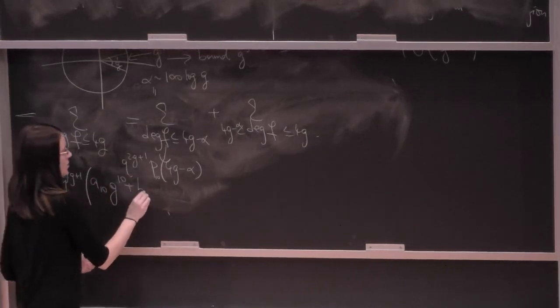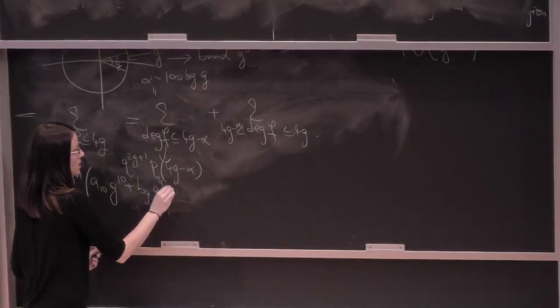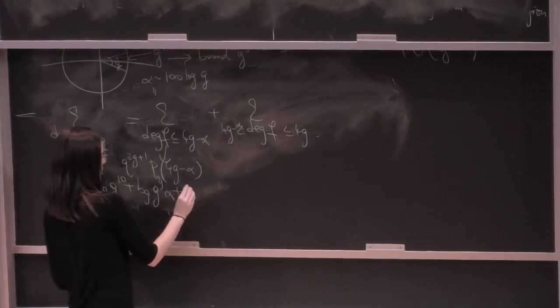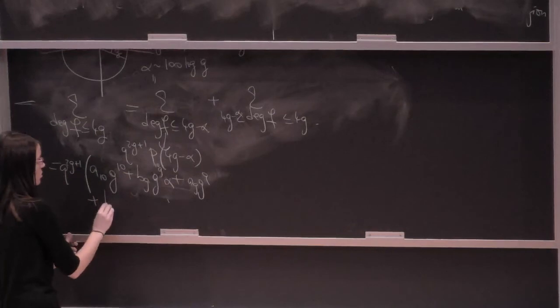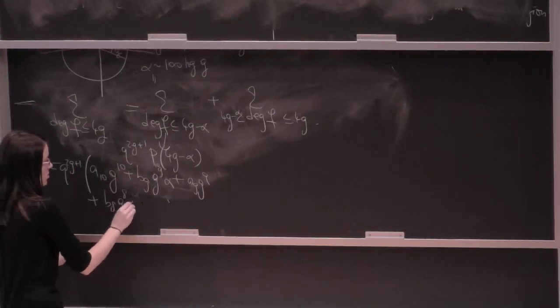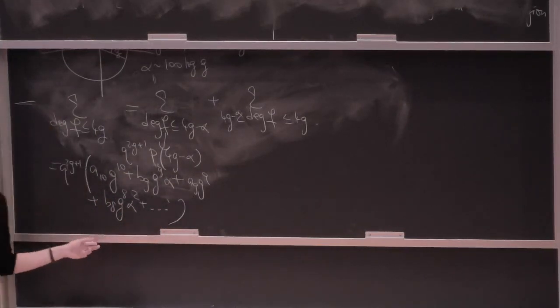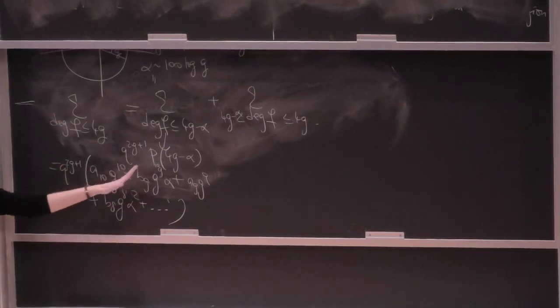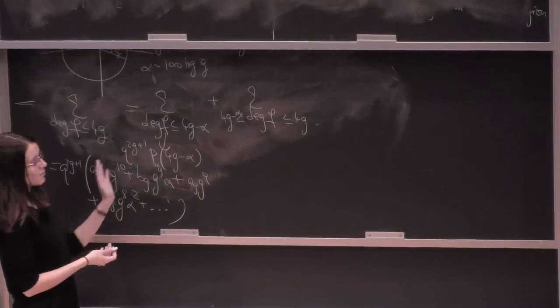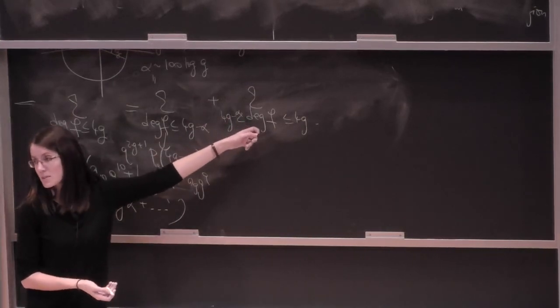Then I get something involving g to the 9 times alpha, a g to the 9 term, g to the 8 times alpha squared, and so on. From the recipe, of course, I know that these terms don't appear in the asymptotic formula, so I expect them to cancel out. And of course, they should cancel out with a contribution from the tail.